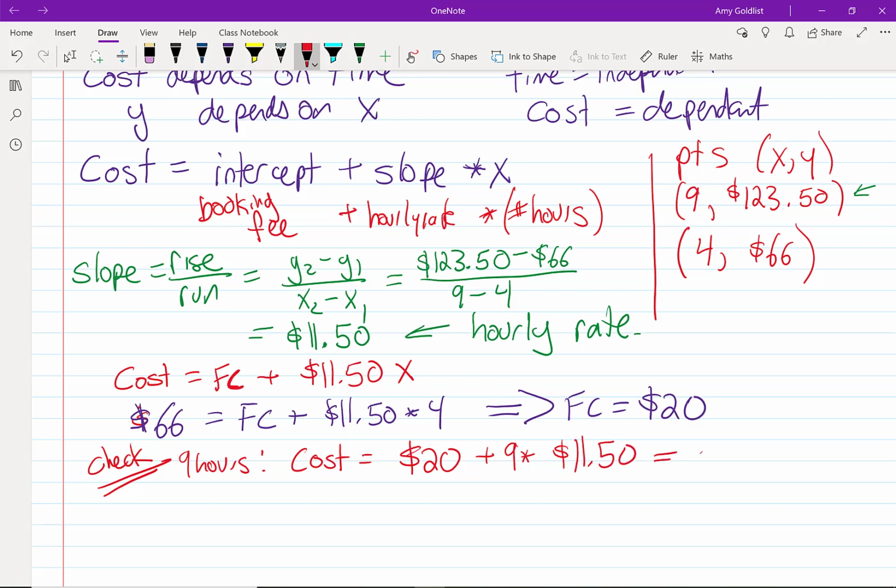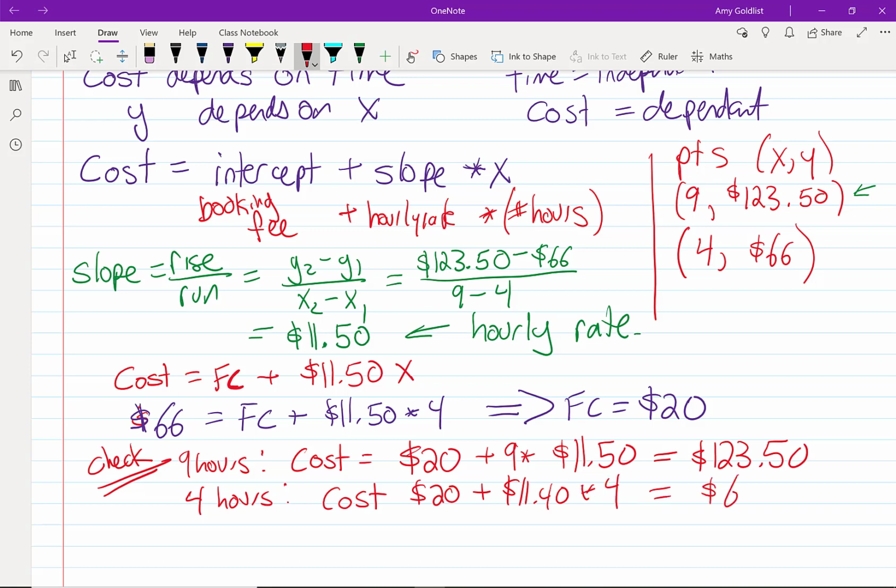And when I dump that in, it ends up being $123.50, just what we wanted. And just to check, even though we used it, we can always just check the 4-hour cost. So $20 plus $11.50 times 4 is equal to $66. That's correct. If we got the wrong answer here, then we would know to stop and redo our arithmetic.